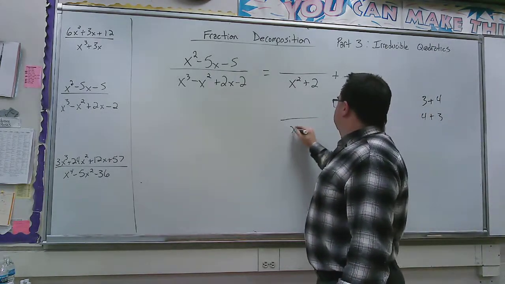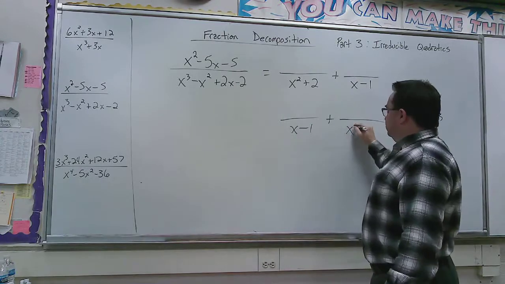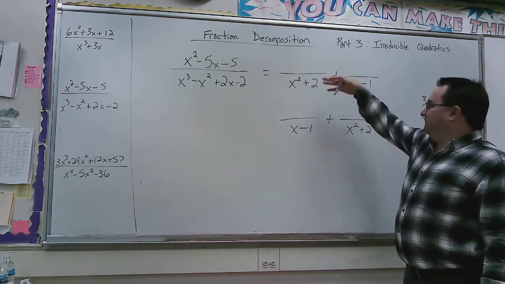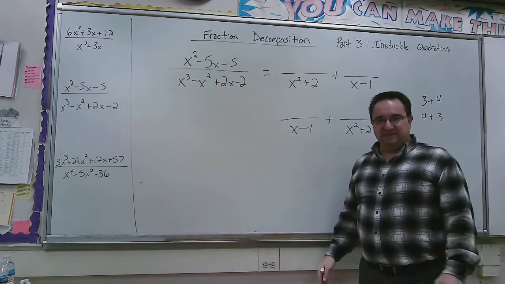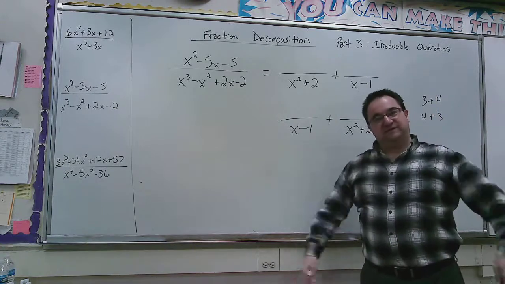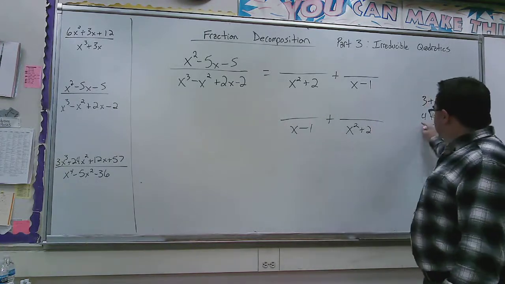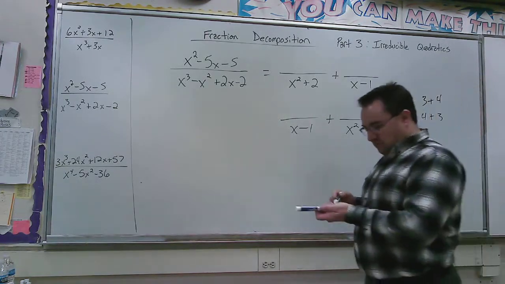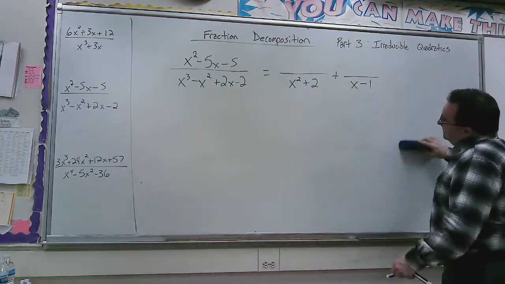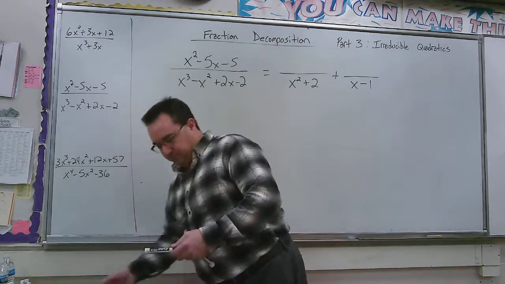If you wrote the x minus 1 first and the x squared plus 2 second, it wouldn't make any difference. We'd have different stuff we called A, B, and C, but when we actually got our answer and wrote our answer down, we would have the same answer. It shouldn't matter when you add, and it doesn't matter when you add. So I'm just going to go with the first way I had it.